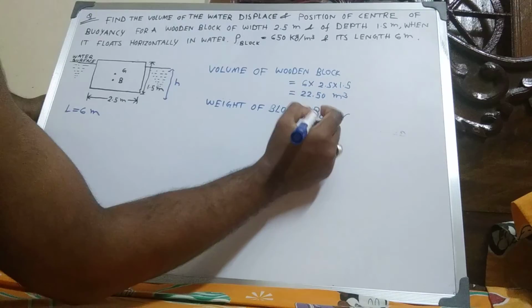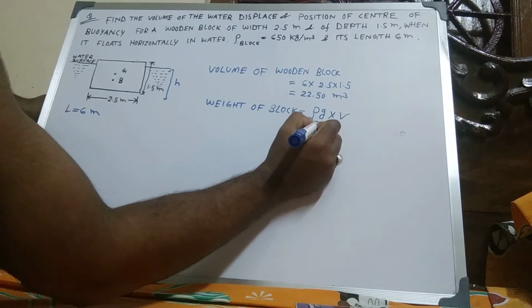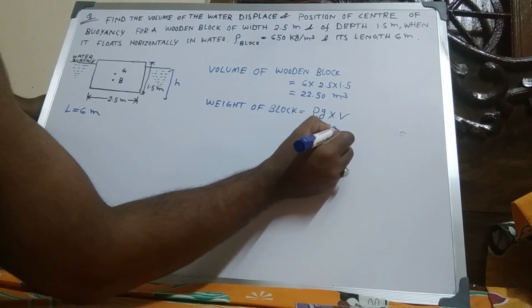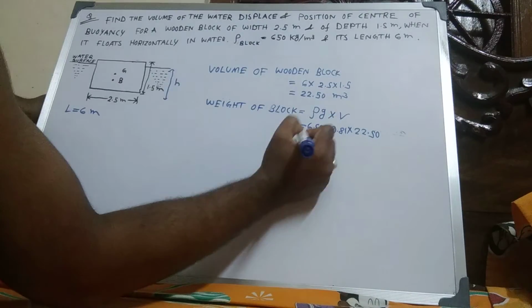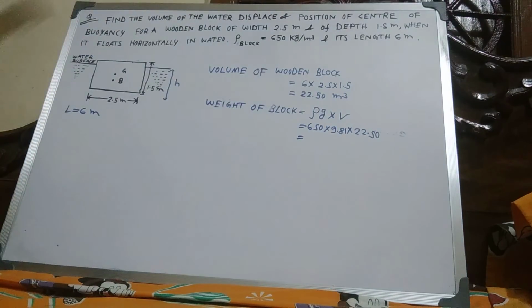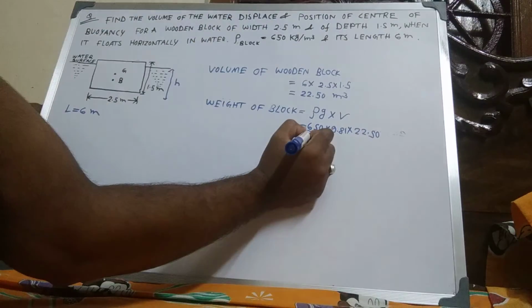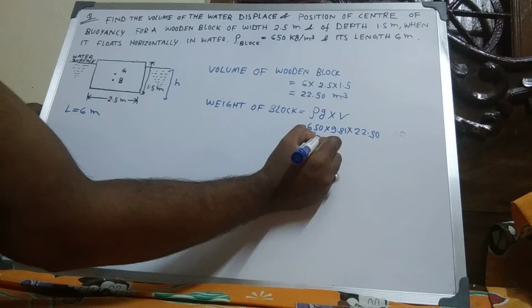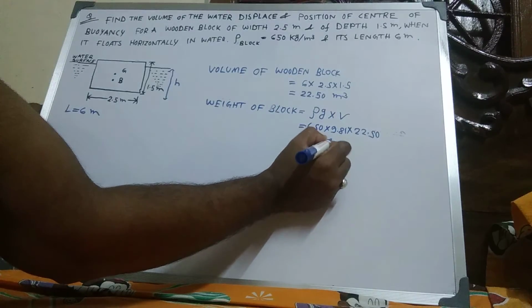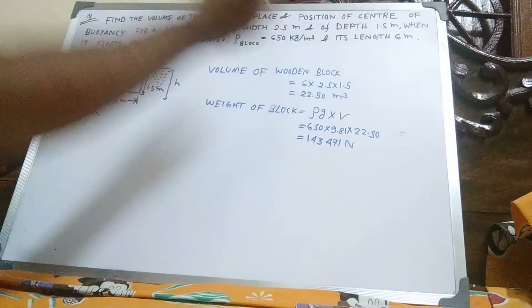Weight density of the block is 650 into 9.81 into 22.50. Understand? So the weight is 41347 Newton. Understand?